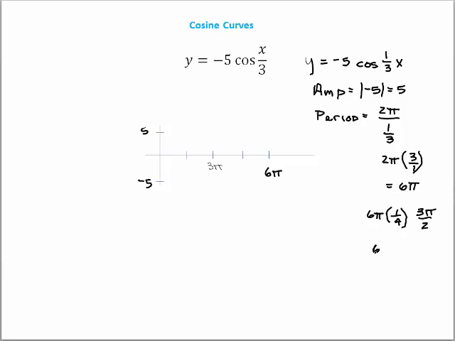And let's do 3/4 while we're at it. 6 pi times 3/4 equals, let's see, 9. No. Yeah, that's right. Pi over 2. Okay, we'll put that in. 9 pi over 2. And 3 pi over 2.